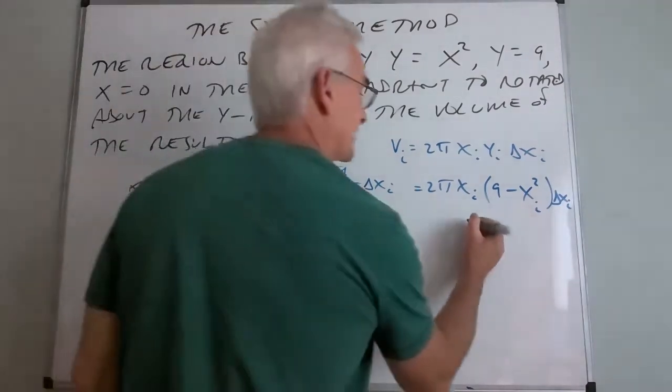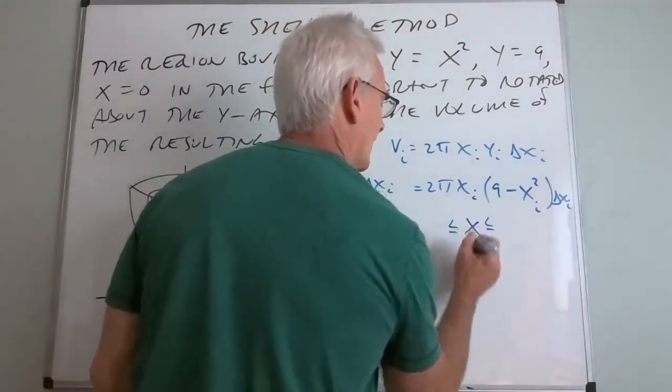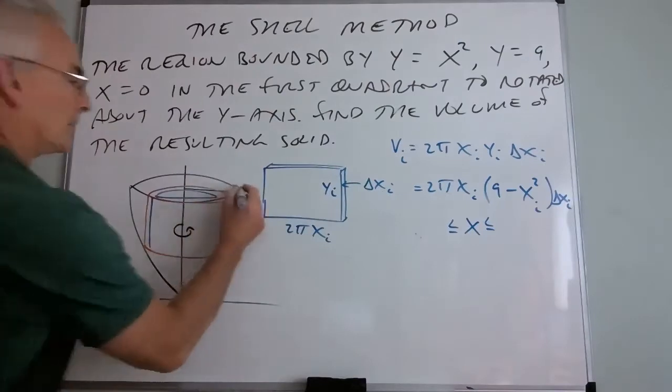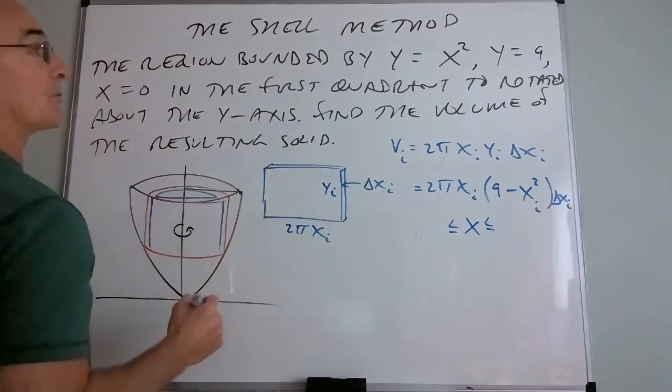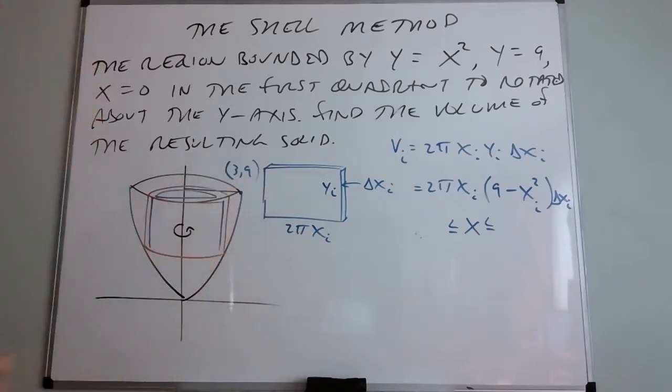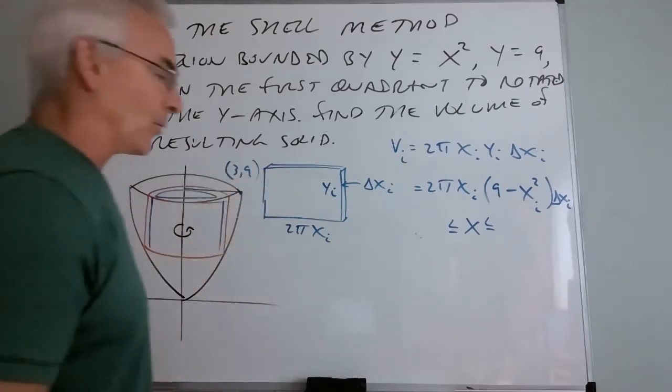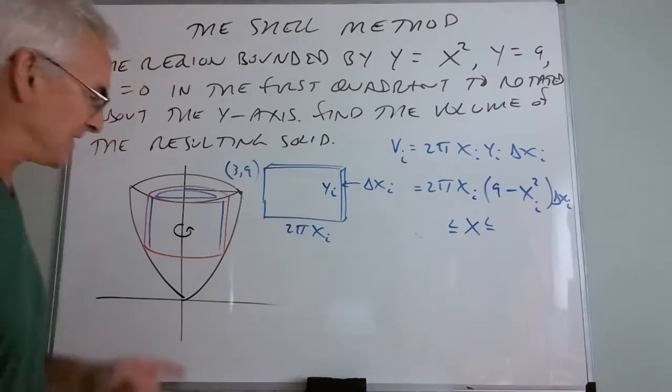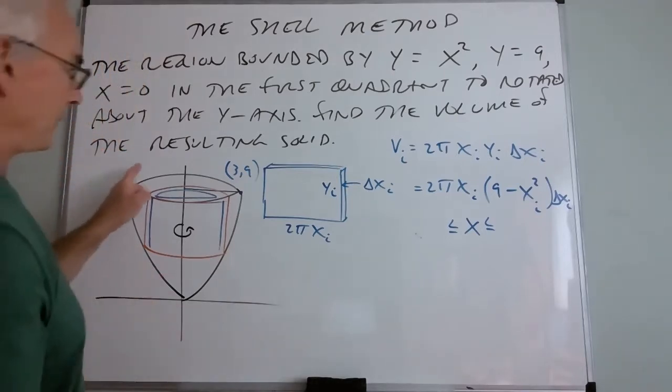The x's are going to range from what to what? Well, in the XY plane, y equals x squared and y equals 9 meet at the point (3, 9). Now here's the tricky part. What is x ranging from? Is x ranging from -3 to 3?